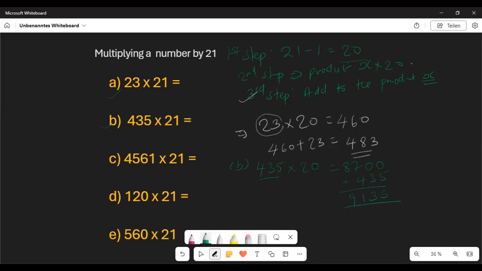Now let's look at C. It's the same from this other side. We have 4,561. What we need to do here is to multiply that one by 20, which is basically like multiplying this one by 2, and then later we're just going to add this one.